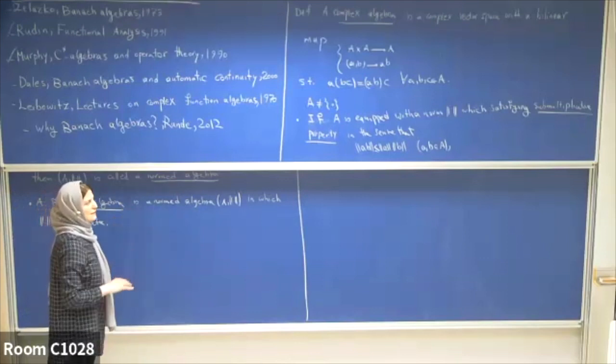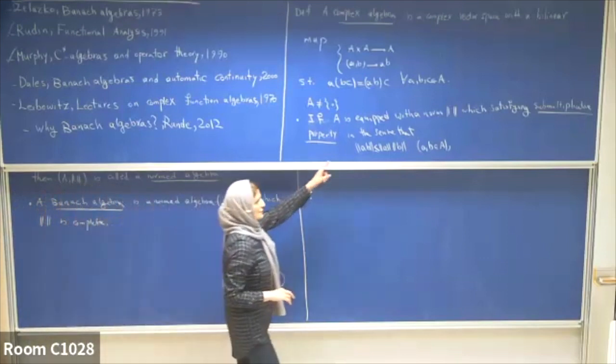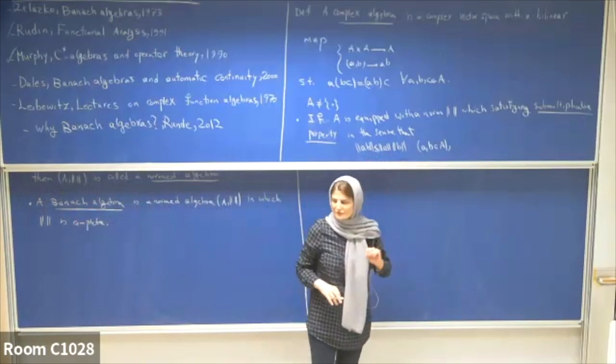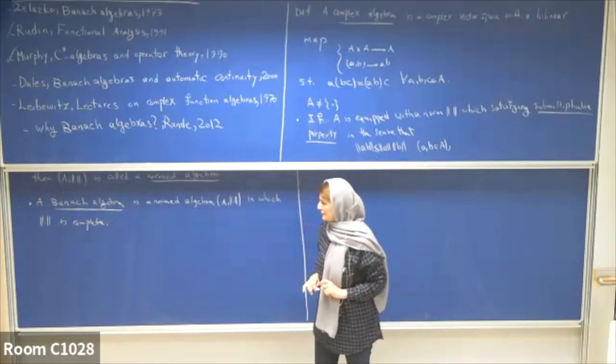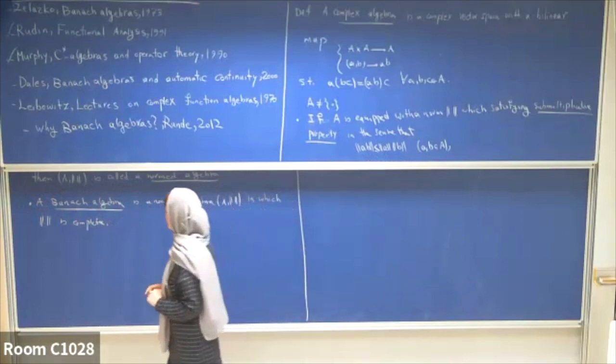So we have an algebraic norm, I mean that we have the submultiplicative property of the norm, and the norm is complete. And then we call it a Banach algebra.